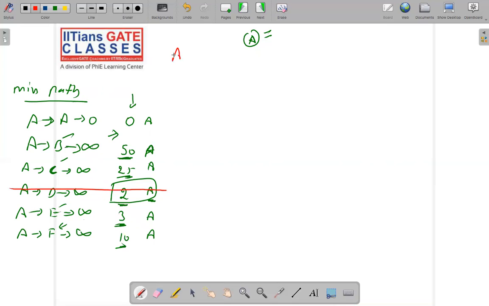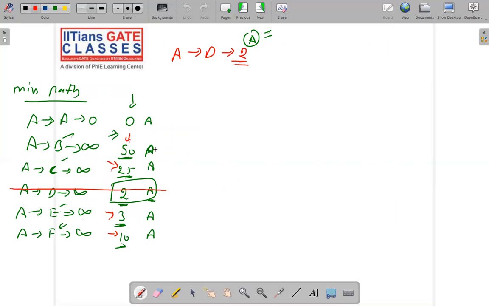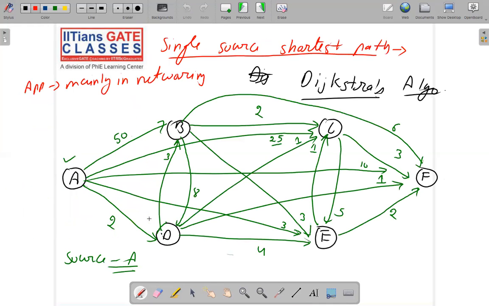And we finalize that A to D will take 2. Now via D, can we reduce these costs? If we can reduce, let's reduce it. From D, we can go to E with the weight 6. It's already 3, so it cannot go below 3.